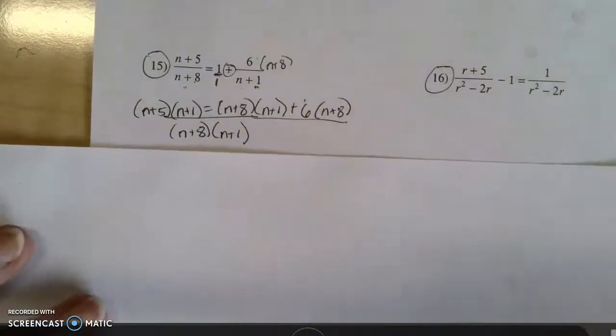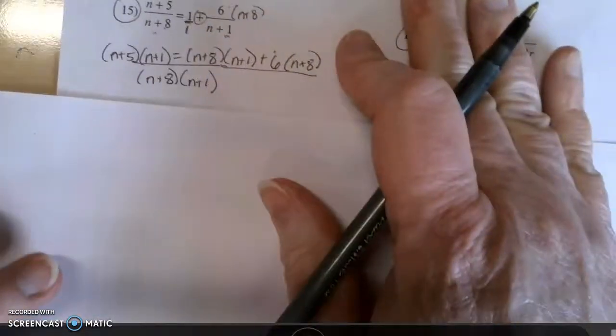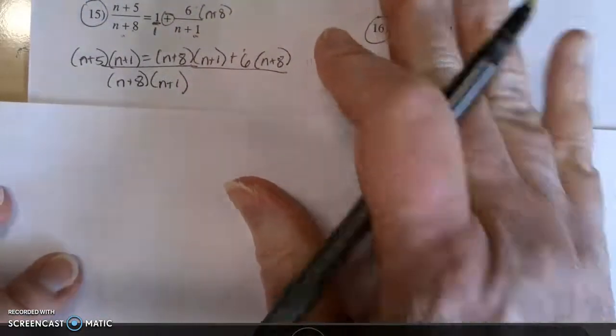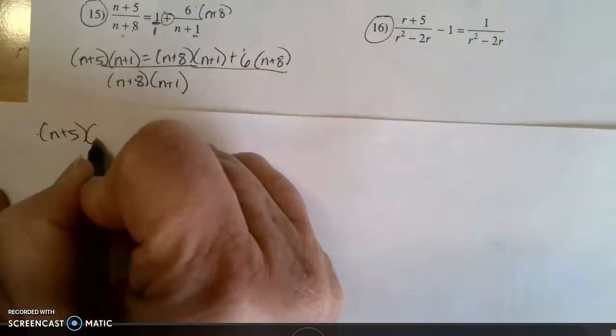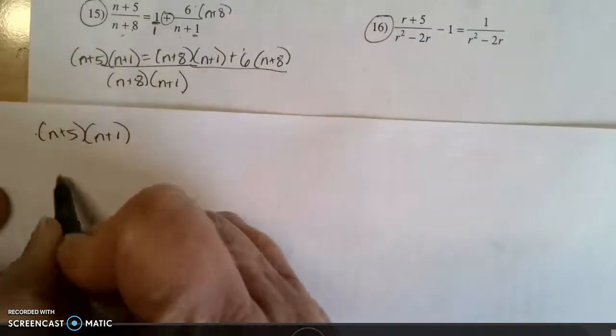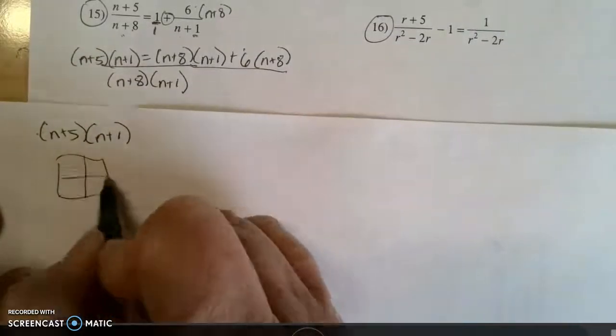Now I'm working just with my numerator. So I've got n plus 5 times n plus 1. And you can go back to your box, remember.